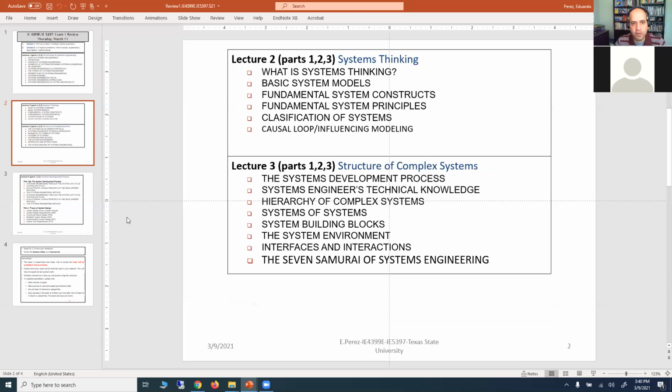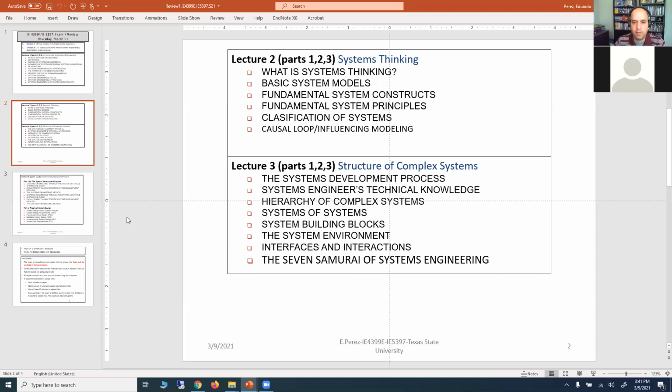After the introduction to systems engineering, we talk about system thinking. This is basically the theoretical framework for what systems engineering is. We talk about what system thinking is and how it is connected to systems engineering. We also discuss the basic models for system thinking and the fundamental system constructs, so you should be familiar with those.